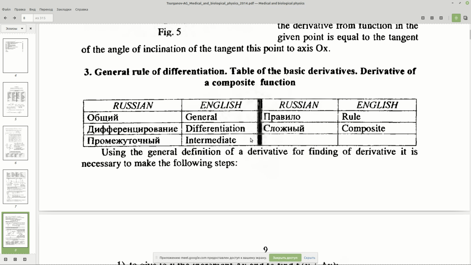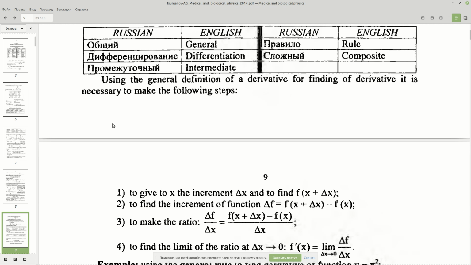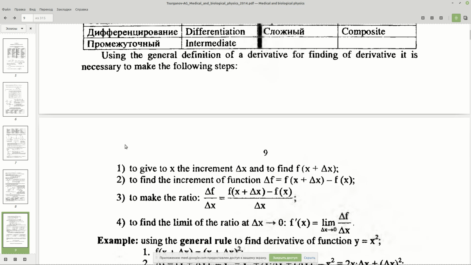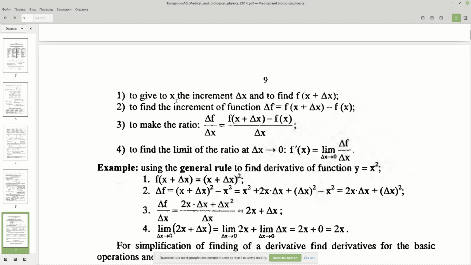First, give x the increment delta x, and find the value of the function f of x plus delta x. Second, find the increment of the function, delta f of x.